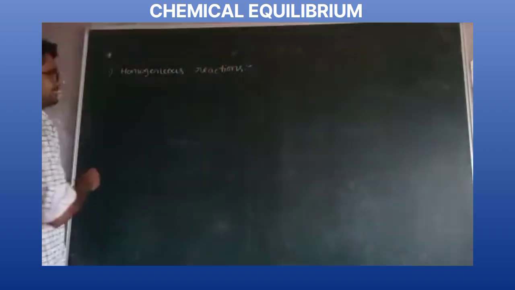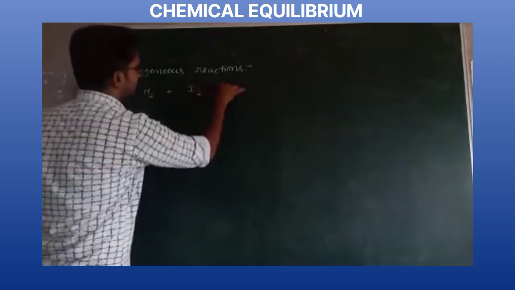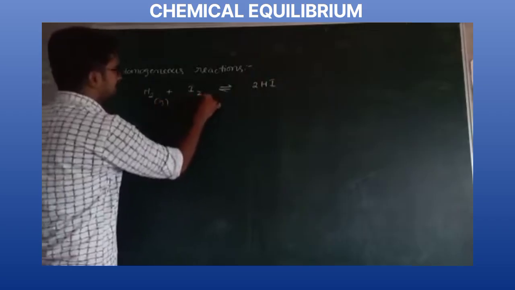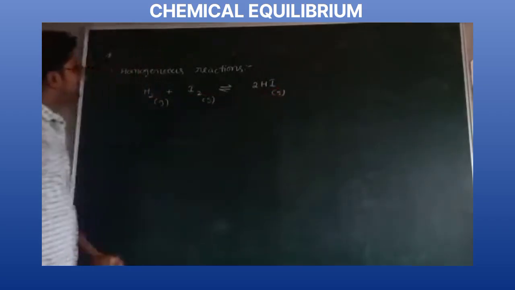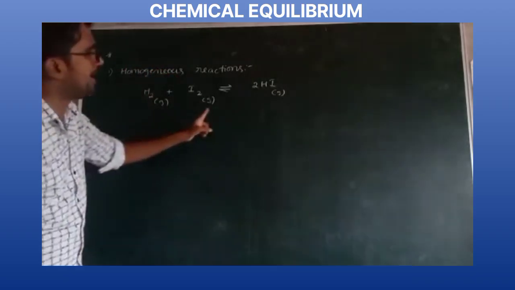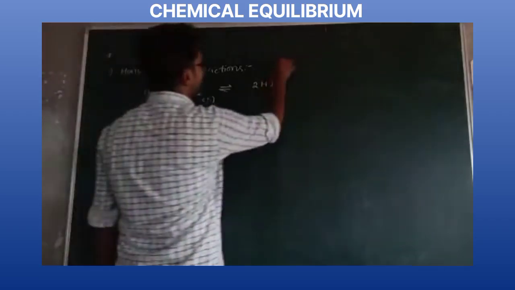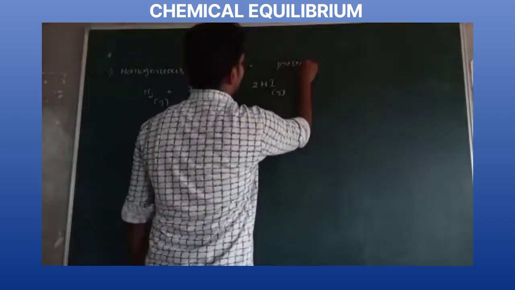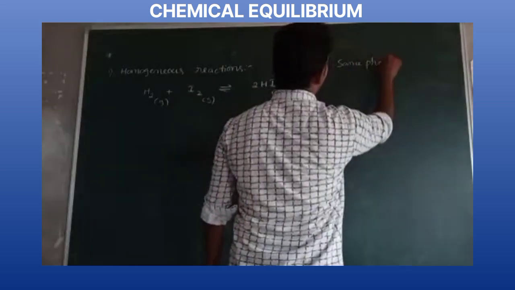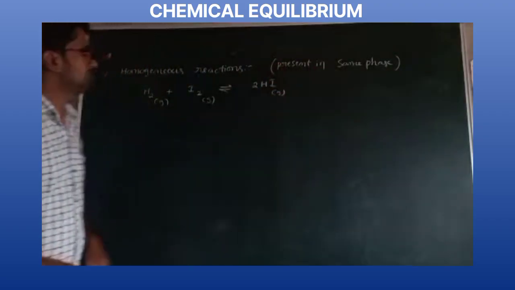In homogeneous reactions, for example, H2 plus I2 gives rise to 2HI. This is gas, this is gas, this is also gas. Means in homogeneous equilibrium reactions, all the reactants and products are present in the same phase.